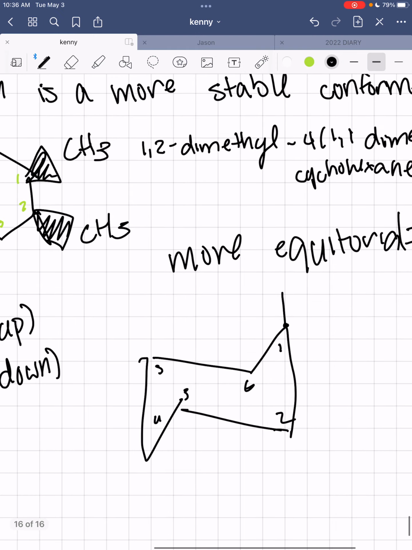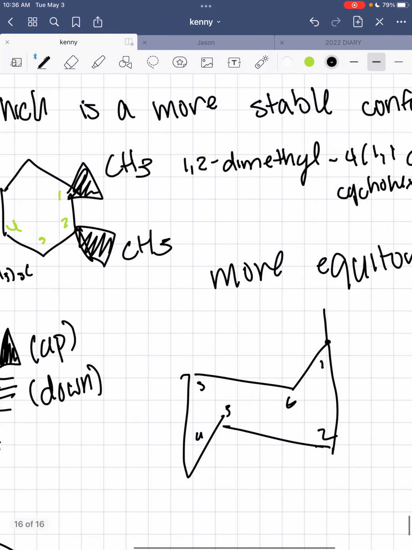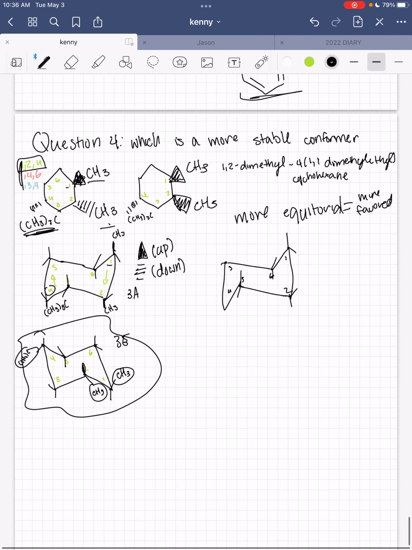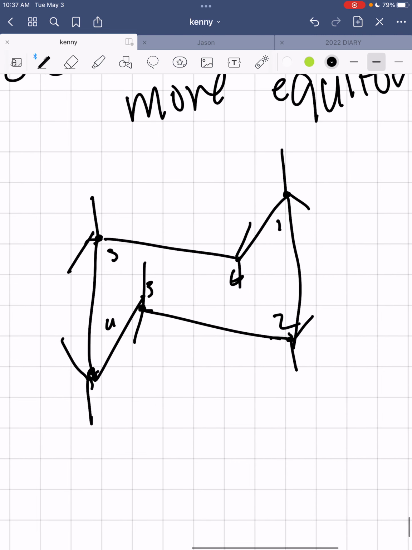On the one it's on the up bond, I can just redraw the entire chair. And it's very useful to have this on your cheat sheet so you don't have to remember how to draw it.